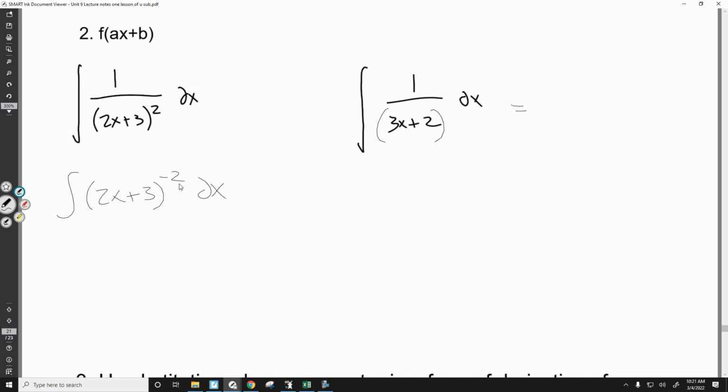The power rule works for any power except the negative first power. If this is a negative second power, I'd have 2x plus 3 to the negative first, I'd have a negative 1, and I'd have a 1/2 to undo that inside. You could use U-substitution to get that negative 1/2 if you wanted to, plus D.